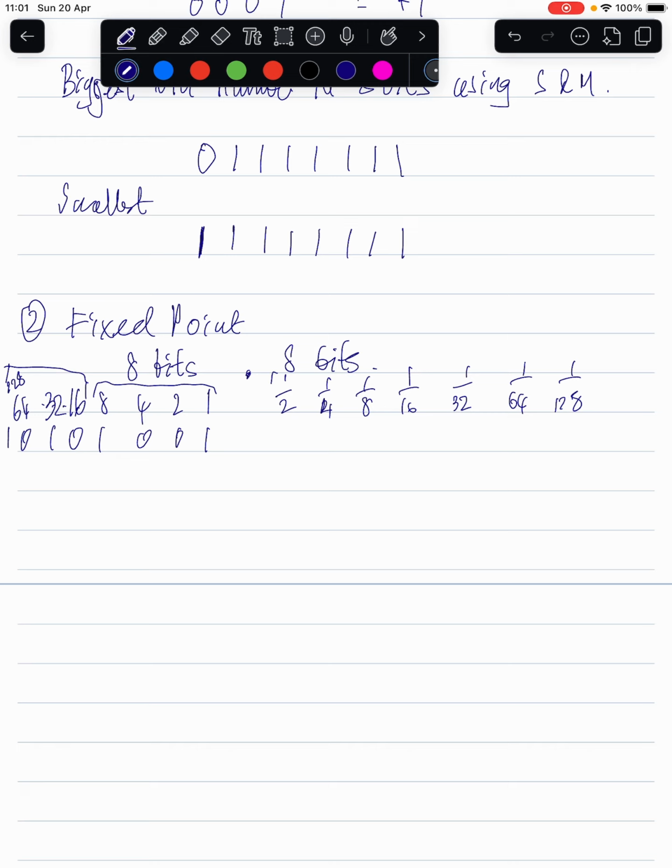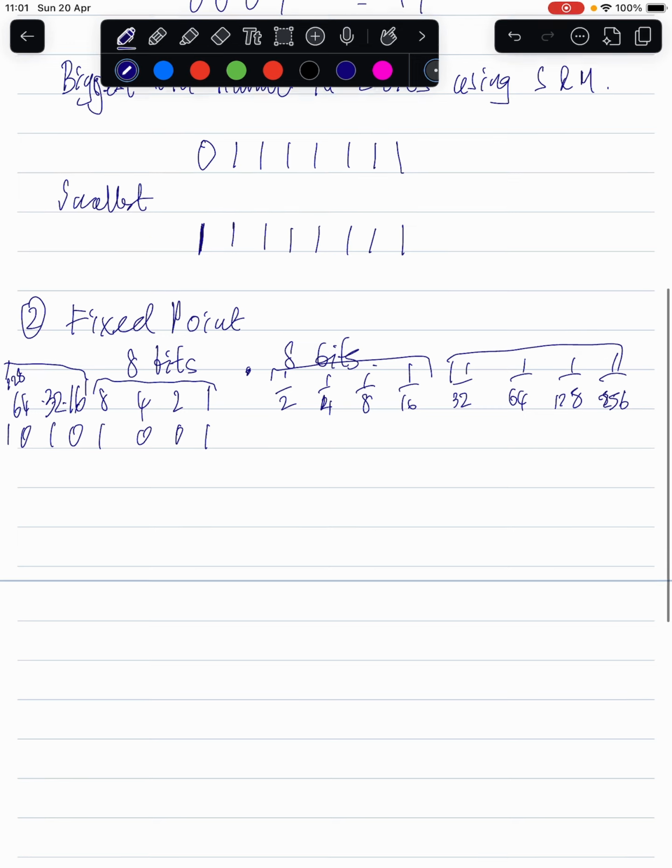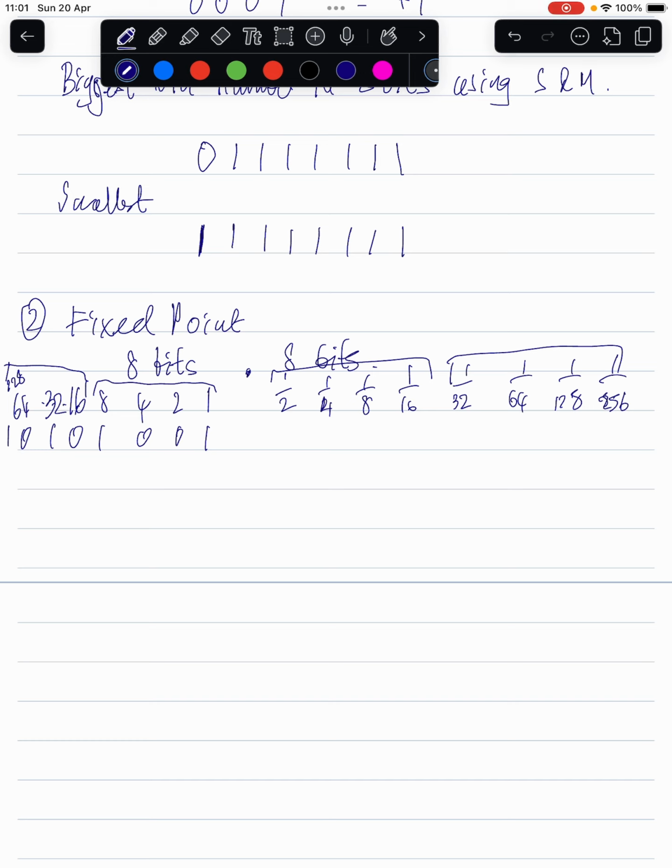So that should be a nibble. And 1/256. I don't think I made a mistake there. Okay, that's right. And then we could have something like this.